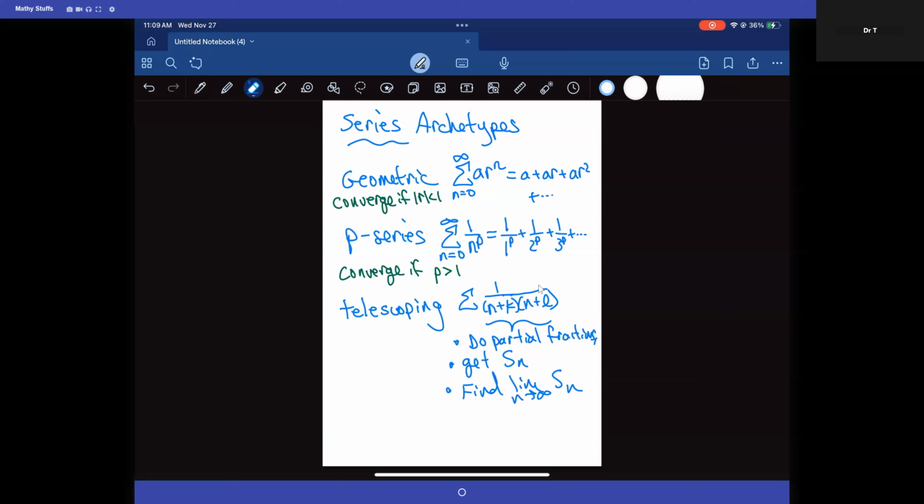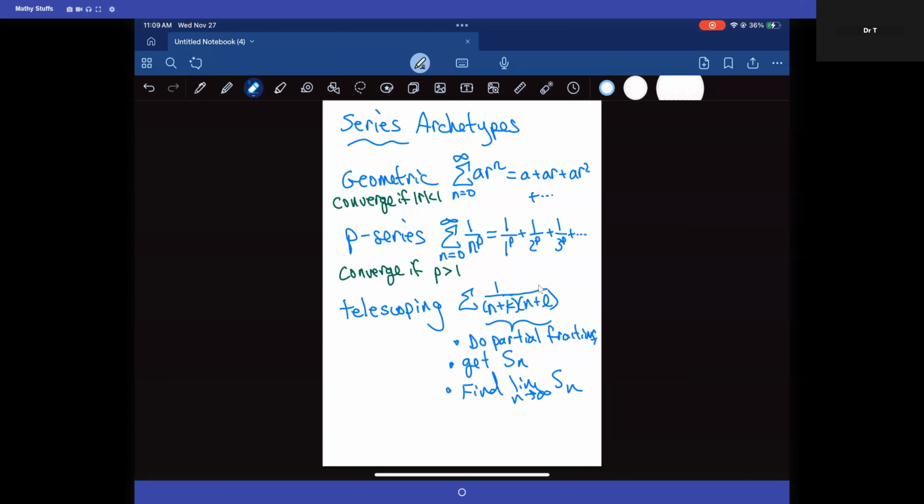All right, and then telescoping series. For us, there's more generality that could be here, but you have a sum of a fraction. You can assume there's a one on top. If there's another number on top, you can pull that number out front. So you've got 1 over a polynomial that we can factor, or maybe it's given to us factored, and then we use partial fractions.